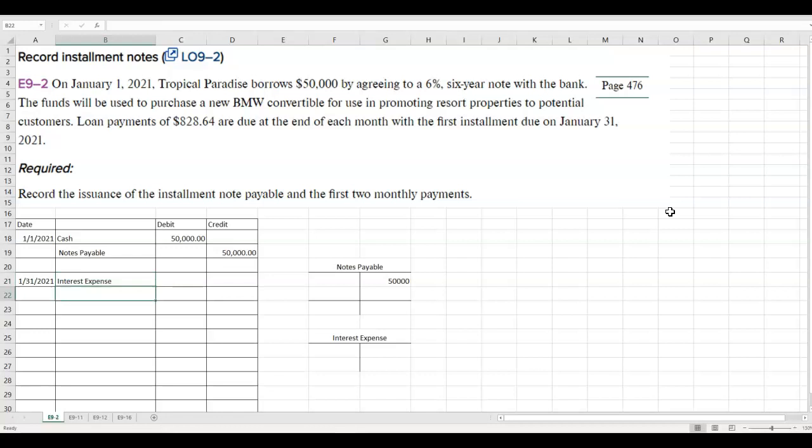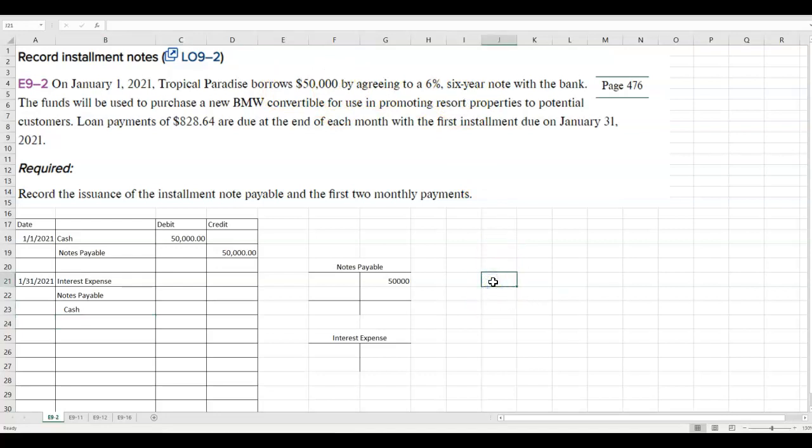We're also going to reduce our notes payable by debiting it. And we're also going to credit cash for some amount. So we have to figure out the interest expense. It's a $50,000 6% 6-year note. So that means it's 6% per year.